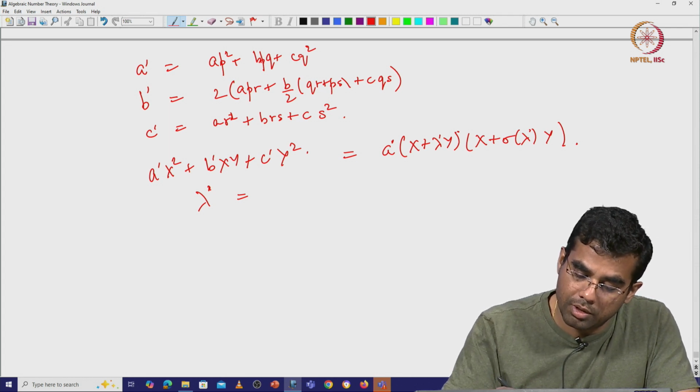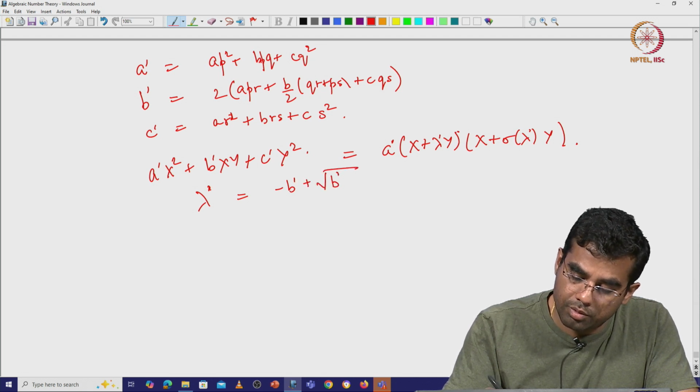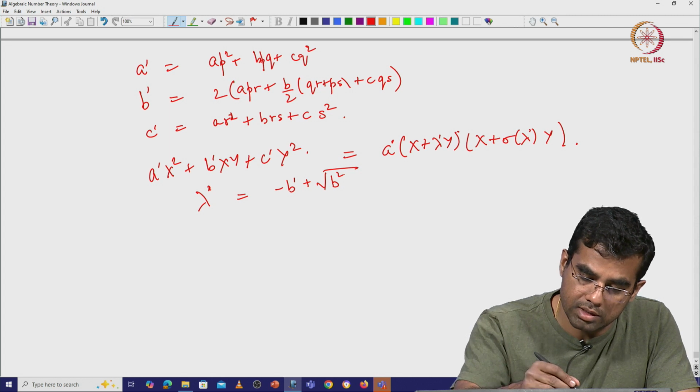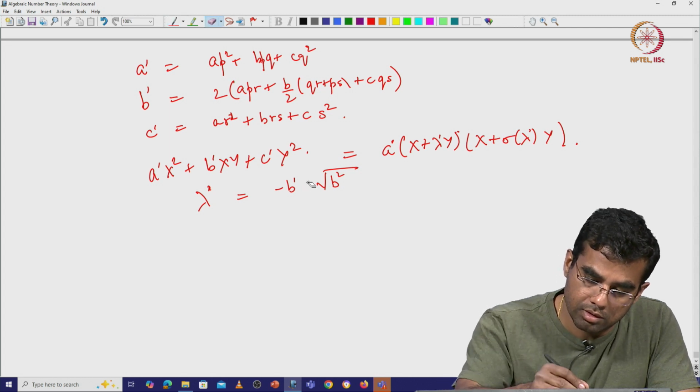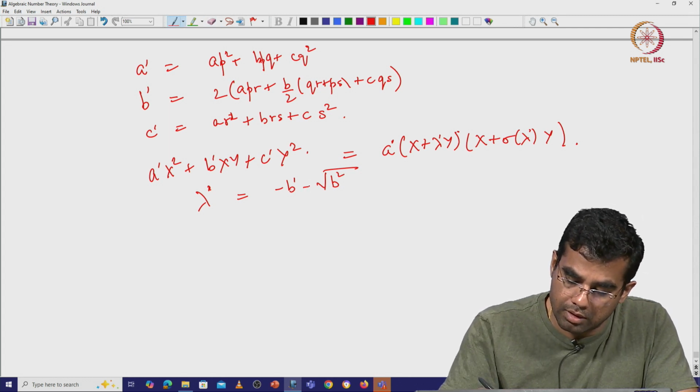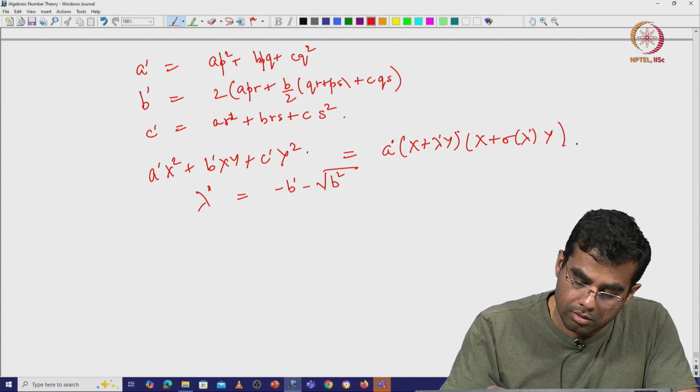But anyway, so lambda prime is minus b prime plus square root of b prime squared minus 4 a prime c prime, over 2 a prime. Yeah, maybe minus here because I want the minus lambda to have this sign.